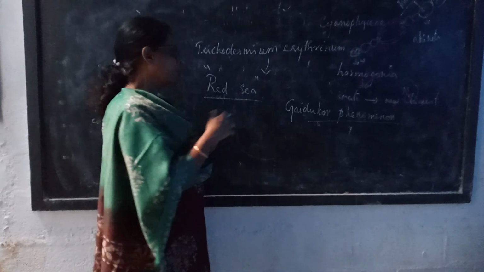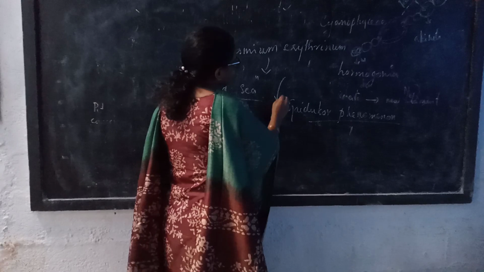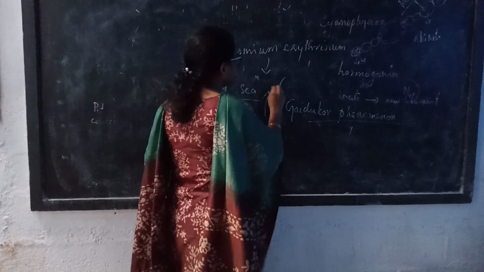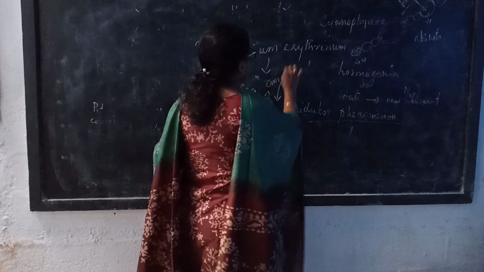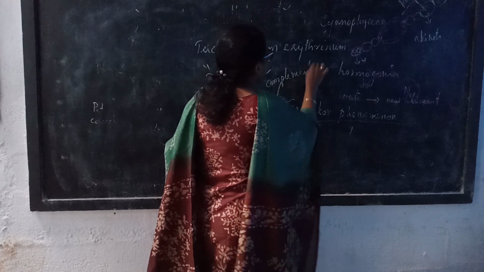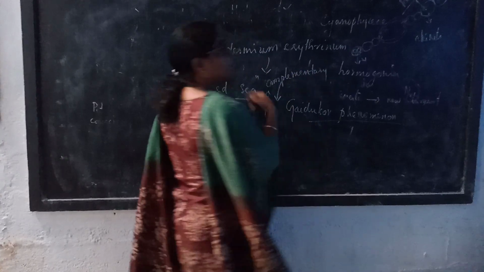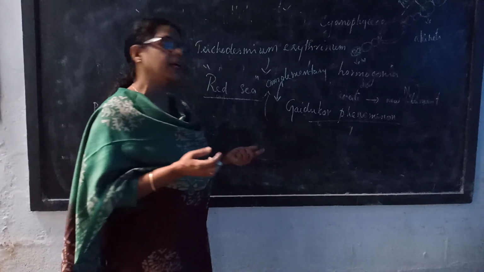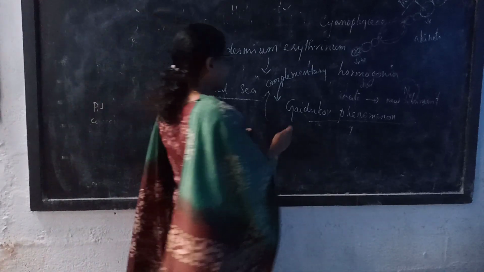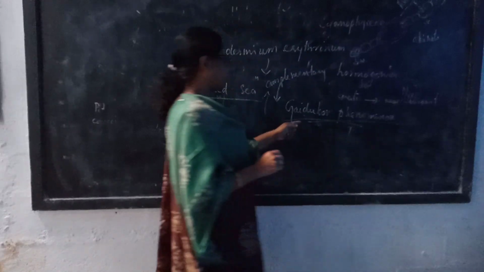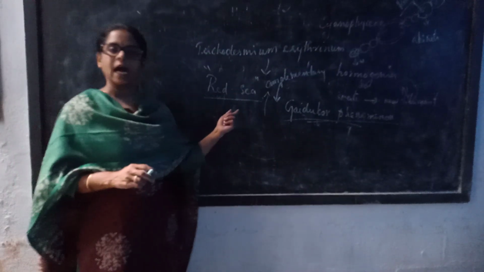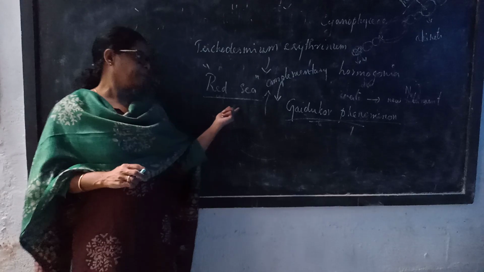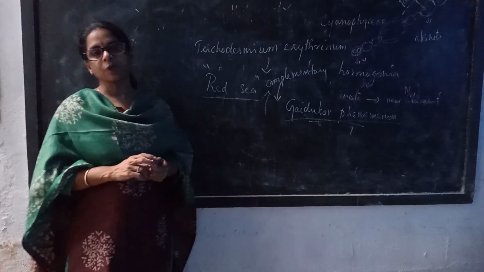So when they receive a particular wavelength, they can emit its complementary color. So blue-green algae can emit the complementary color, and that phenomenon is called the Gaidukov phenomenon. It is an important feature of blue-green algae in general. Okay. So that is about blue-green algae.